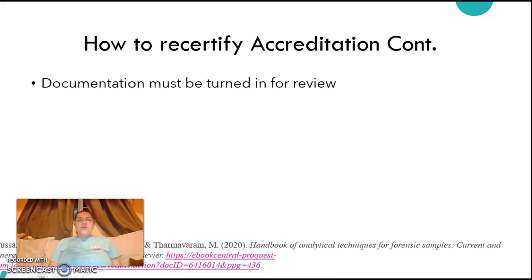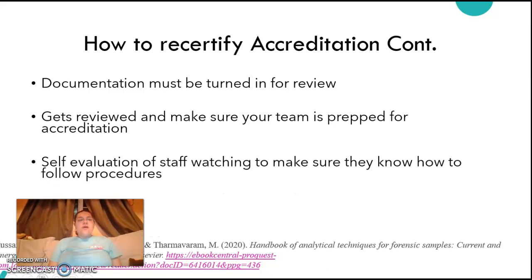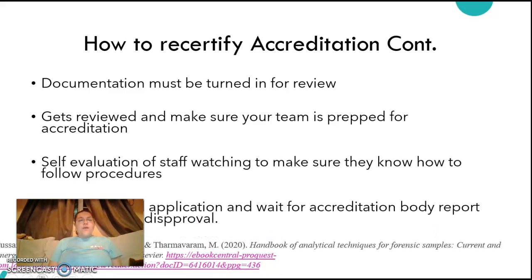All your documentation must be turned in for review. Once it gets reviewed, you make sure that your team is prepped for the accreditation and that there is a self-evaluation of the staff, watching to make sure that they know how to follow all the procedures. And as soon as that happens, you must submit a renewal application and wait for the accreditation body's report for disapproval or approval.